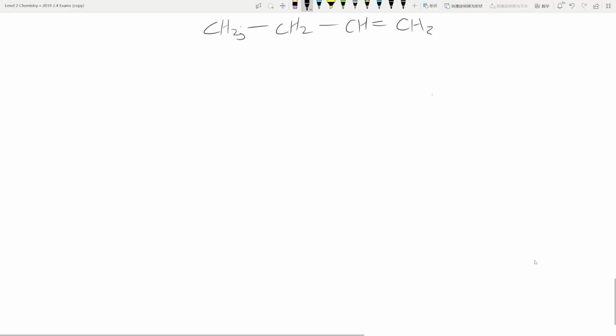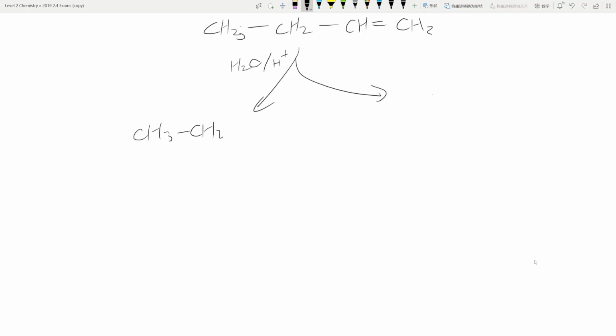This is kind of, you can think of it as the starting point of the flow chart. Because the year 13 flow charts, you need to make your way to the, you know, to the thing. So I'm just gonna speed run these. You need H2O/H plus to do the major minor products.